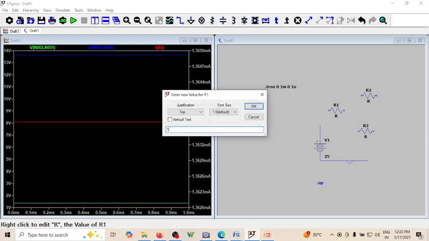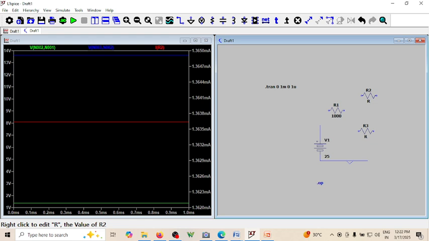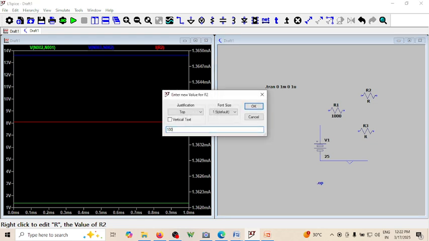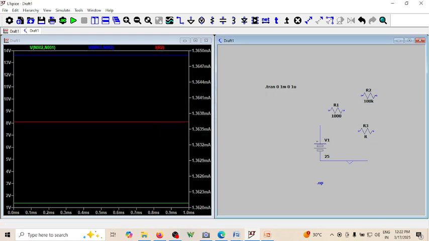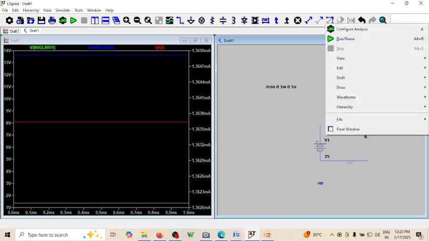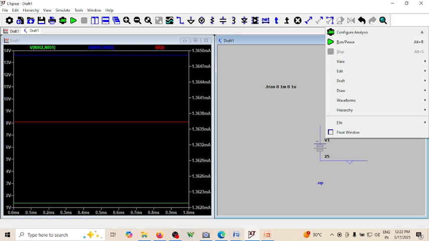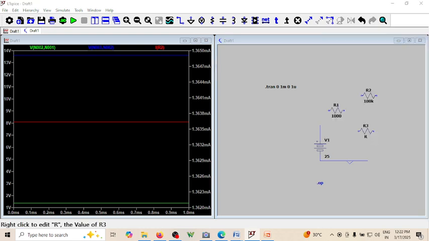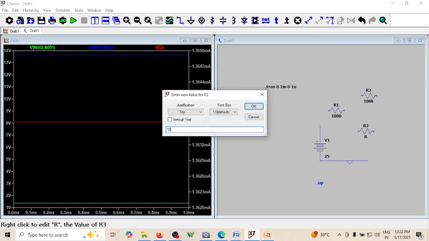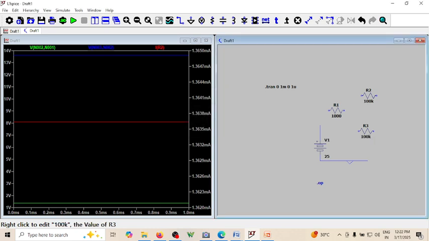This is 1000, whereas this is 100k. This is also 100k. Do the connections. This is actually 10 volt.